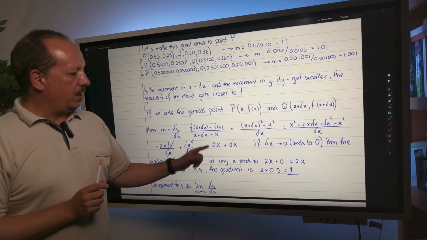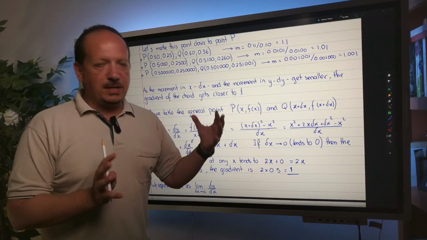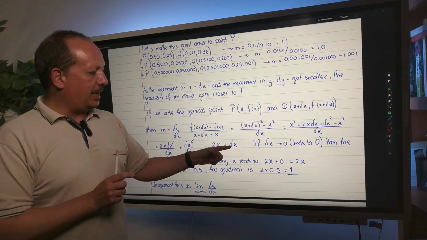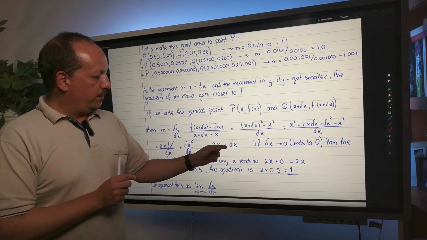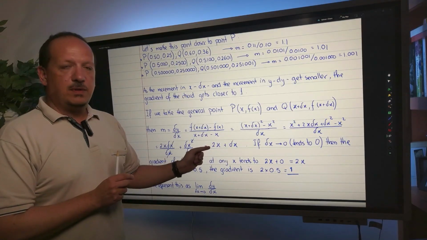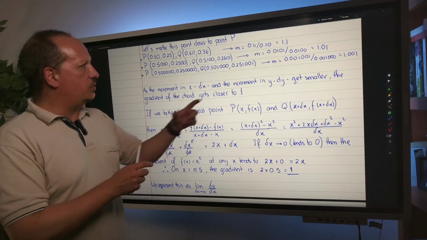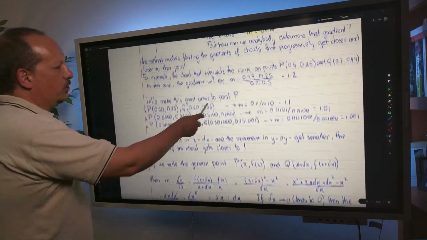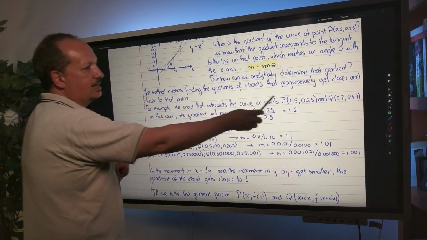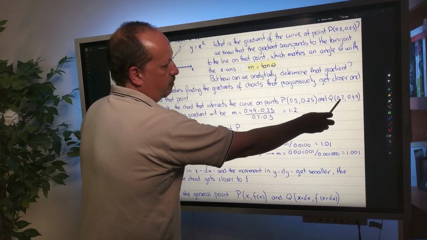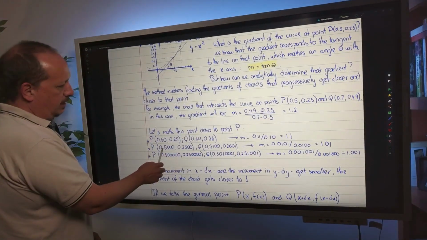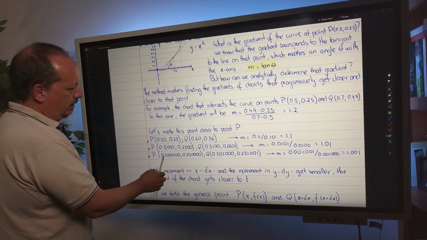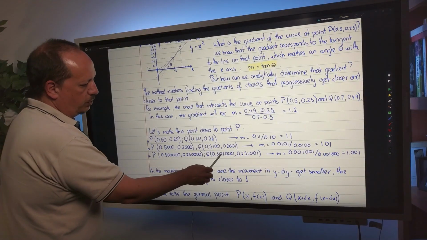All right? And what is the main concept again of this delta x? This is a value that is very, very close to the value x. So what happens if this tends to 0? That's what was happening over here. The delta x started as being 0.2, then the delta x over here was 0.1, then it was 0.01, then it was 0.001.